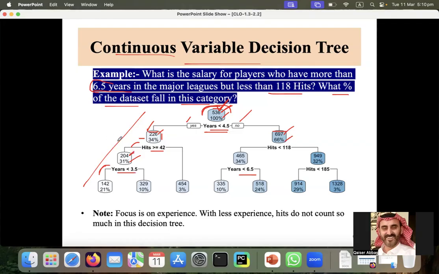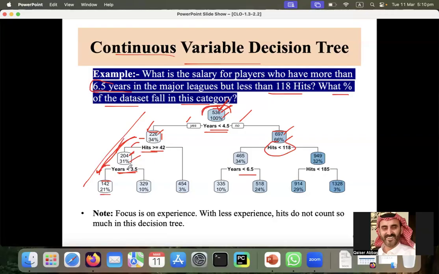Up to this point we talked about hits, and we are saying whatever the number of hits you have, if your experience is less than 3.5 years, your salary is this 1.142, in Saudi riyals or dollars. And this is 21% of that previous stage.